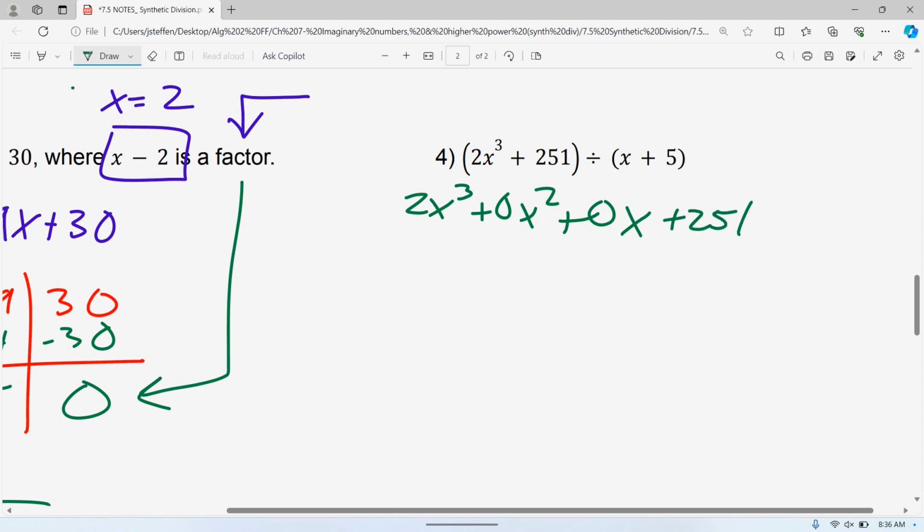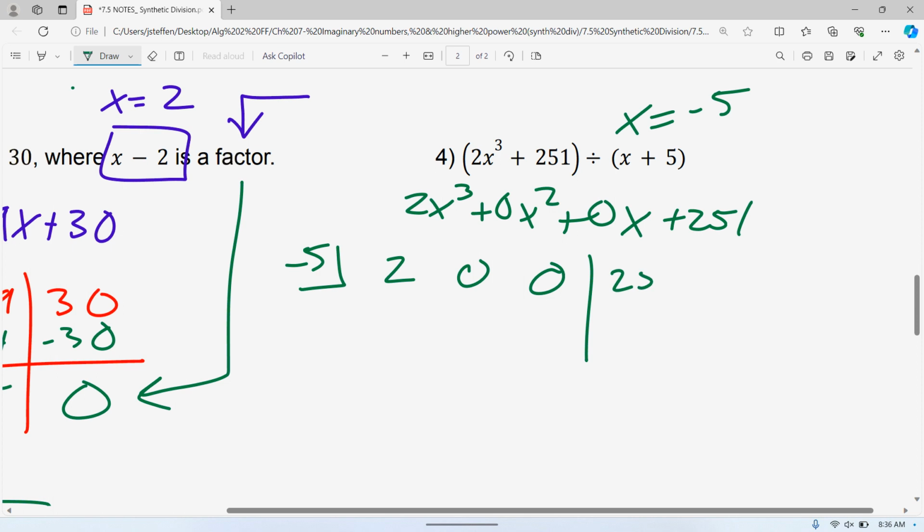Tell us what this is equal to. So that's going to be negative 5. So that's what goes in the box. It's the same as what we've been doing. 2, 0, 0. The 2 drops straight down. Negative 5 times 2 is negative 10. 0 plus negative 10 is just negative 10.